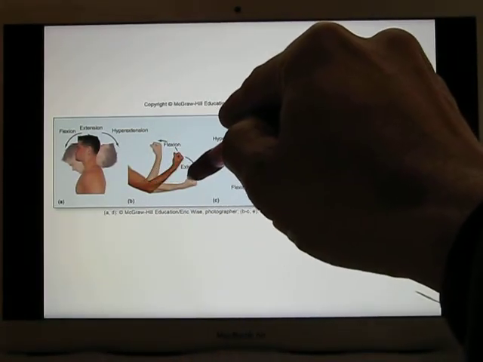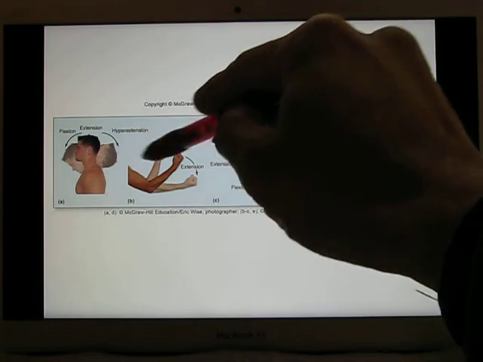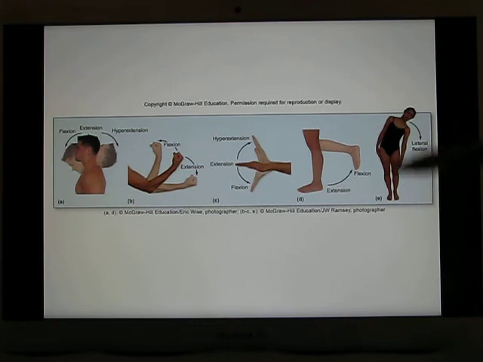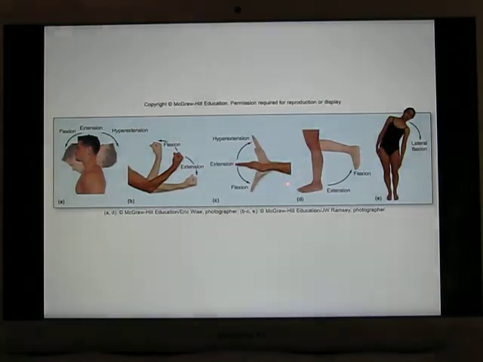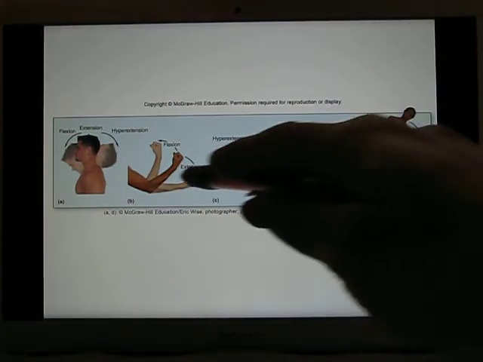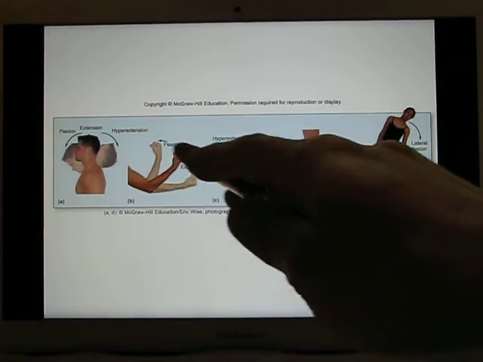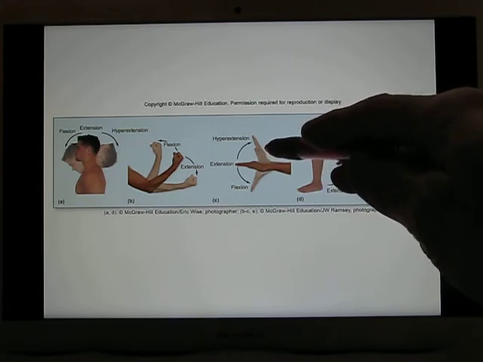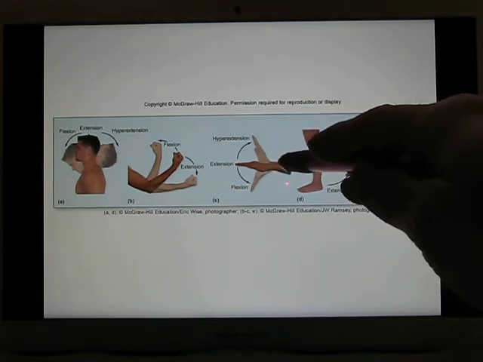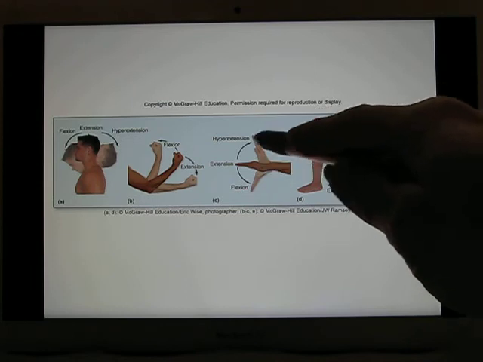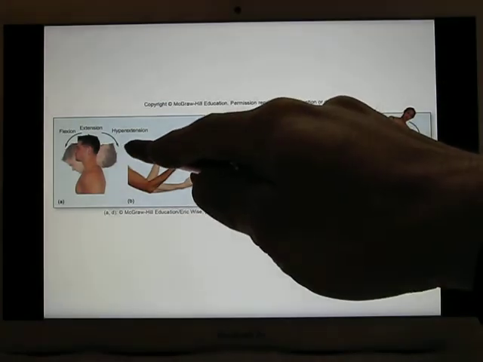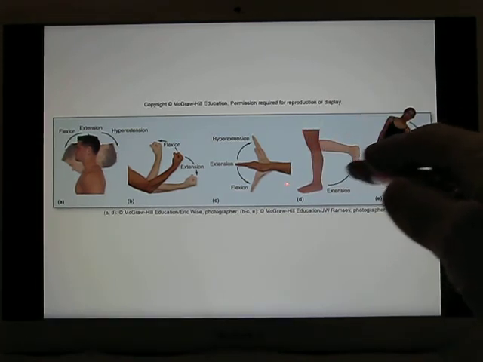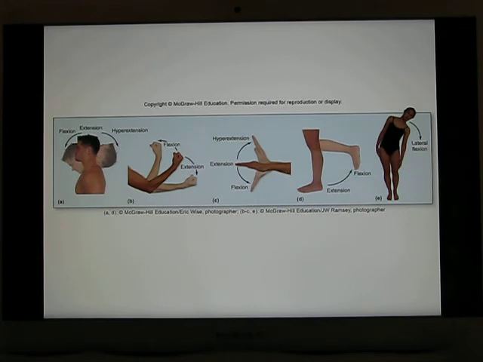When you start to decrease the angle, it's called flexion. So you can flex your elbow, you can flex your wrist. When you increase the angle, it's called extension. You can flex your elbow, extend your elbow. If you go over 180 degrees, some joints allow you to do that. We call it hyperextension. You can hyperextend your wrist, you can hyperextend your neck. But other joints only allow you to do flexion and extension, like your knee.